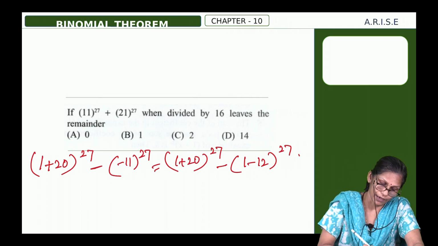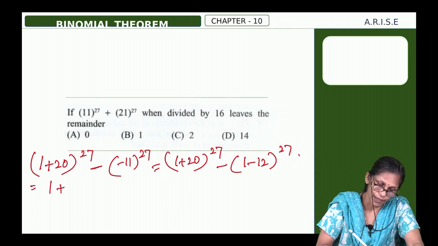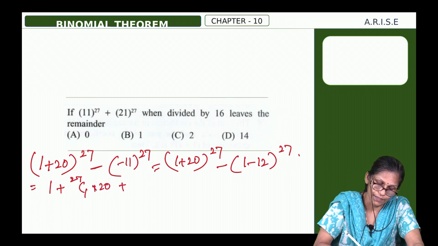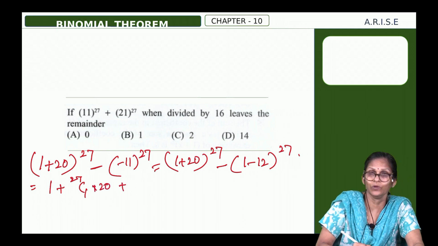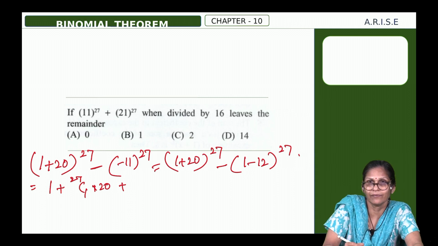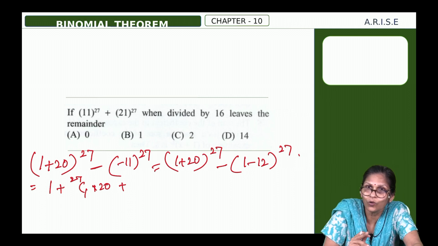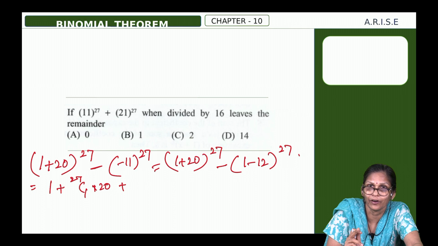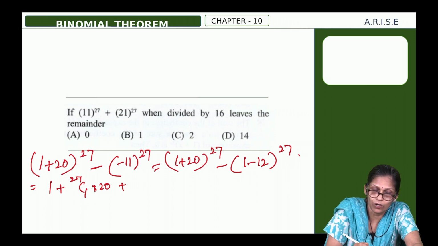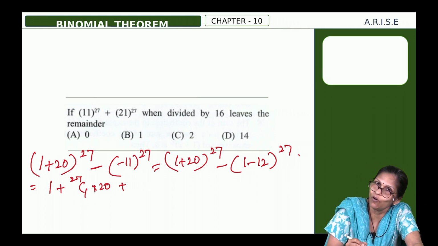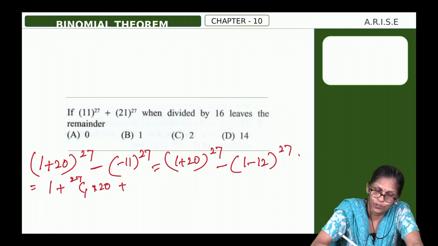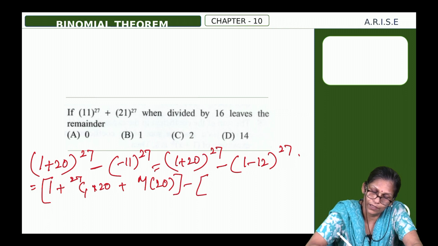Now, you expand. This is 1 plus 27c1 into 20 plus 27c2 into 20 squared, 27c3 into, all those terms are multiples of 16 because 20 squared will be 4 squared into 5 squared. So, plus a multiple of 16.